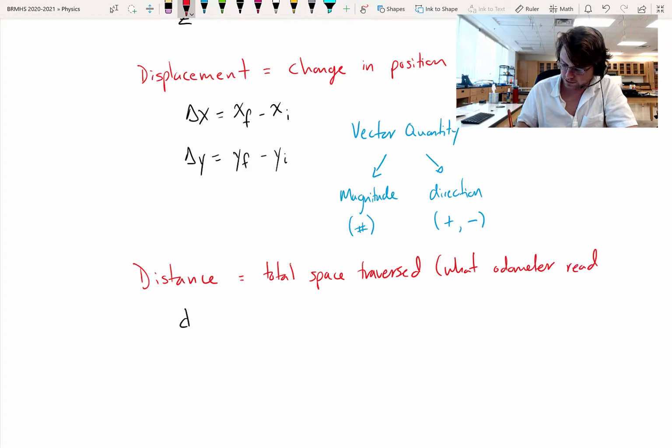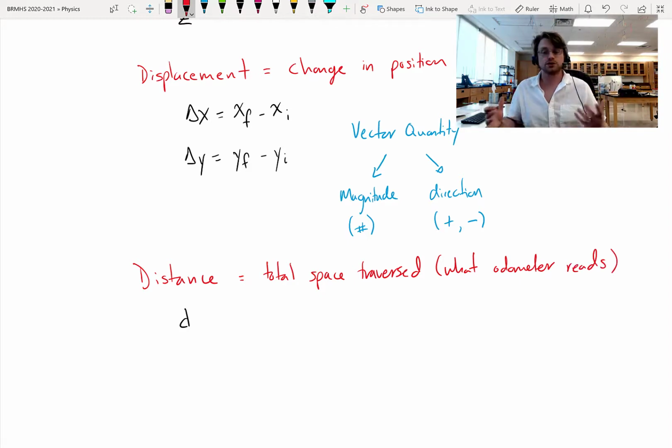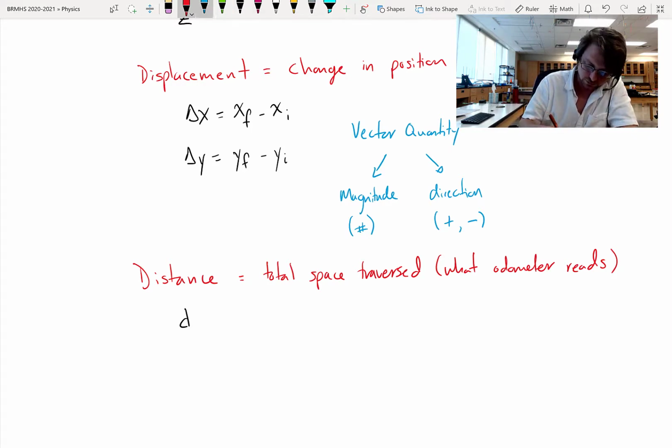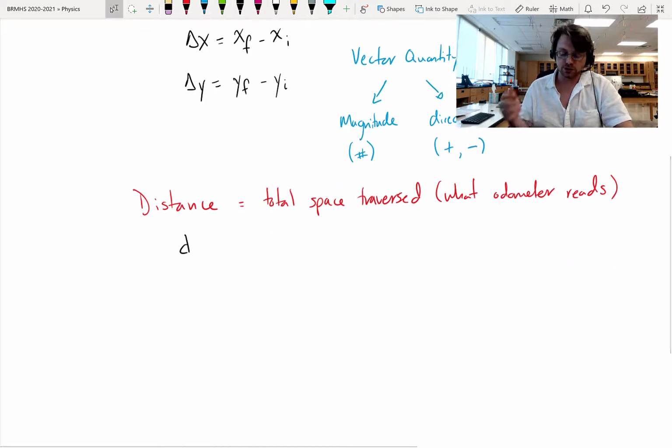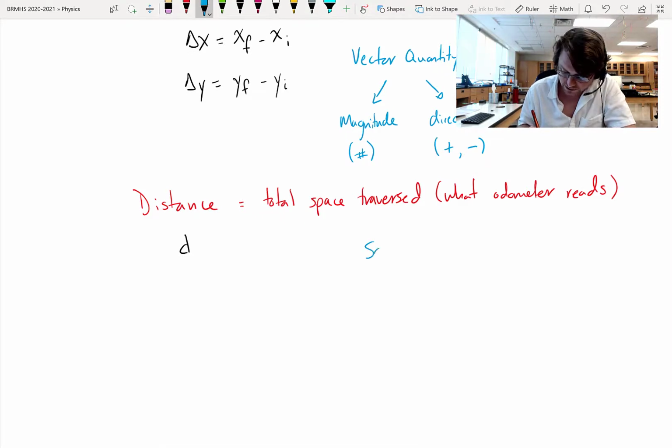The odometer doesn't tell you what direction you've been traveling in. It only measures the total distance that you travel. Because it doesn't give you anything about the direction, distance is an example of a scalar quantity. Unlike the vector quantity, the scalar quantity only gives you a magnitude represented by a number.